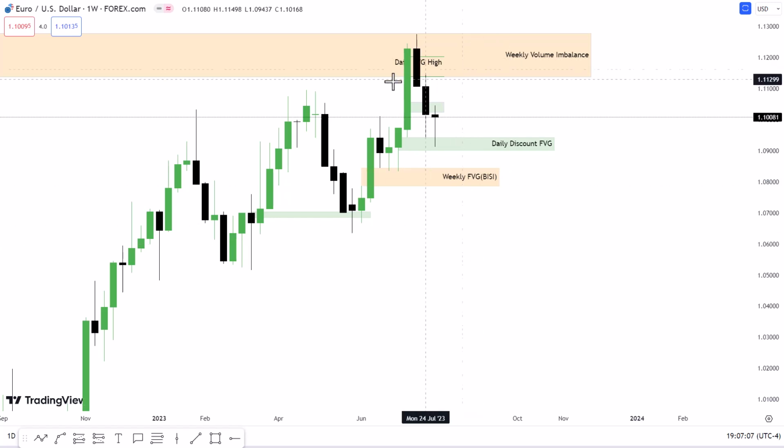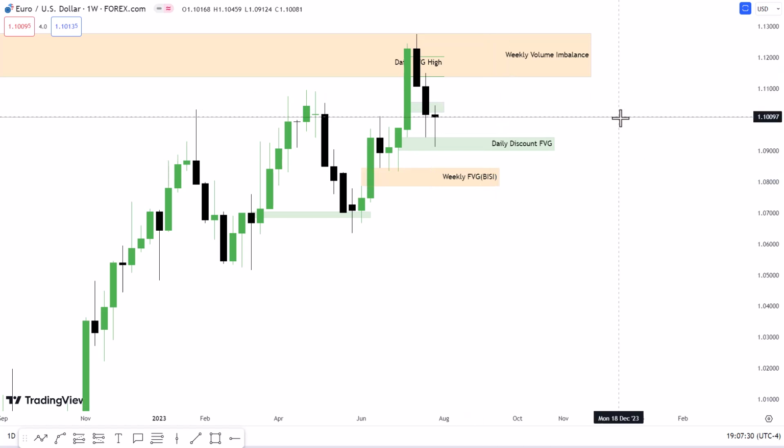We saw price drawing back to the volume imbalance and then now running back down. And here on the weekly time frame, we have a weekly fair value gap down here. Yes, we have a weekly volume imbalance here. So this is a possible draw on liquidity, and then this is also a possible draw on liquidity.